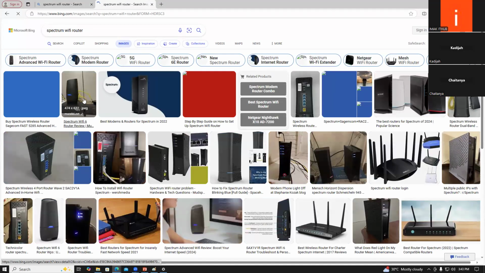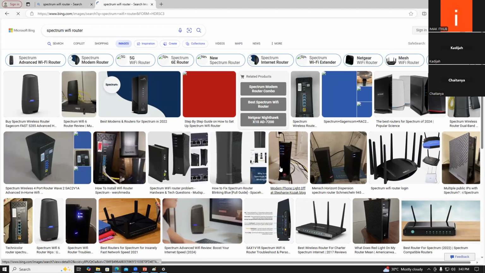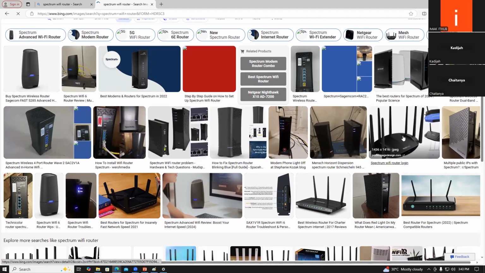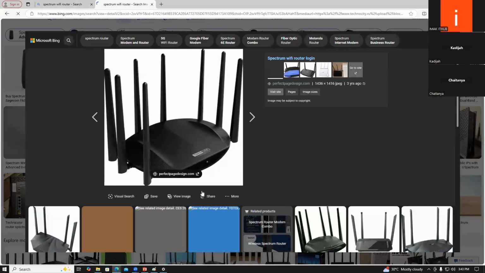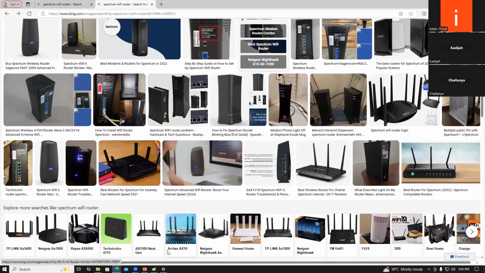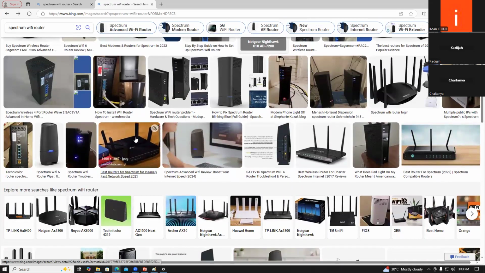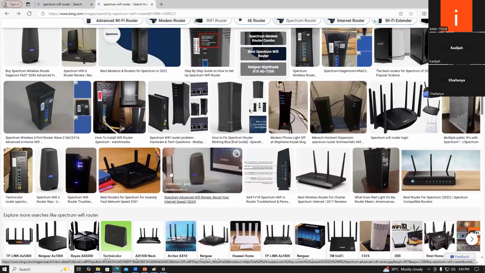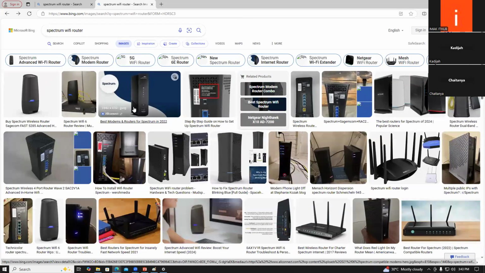Yeah, these are the ones, right? Yeah, this one. Which one are you using? The other one on the side. No, at the bottom.